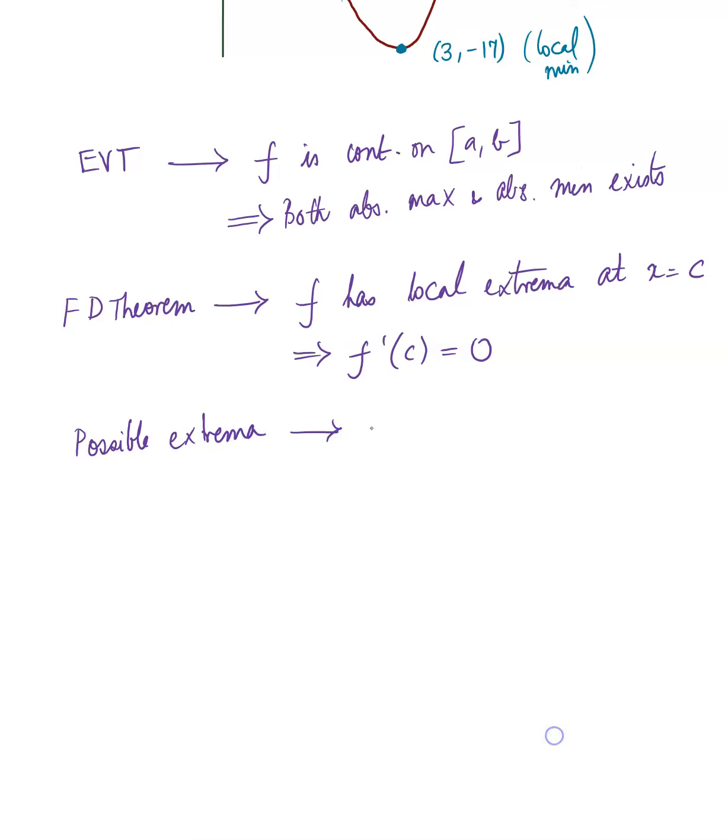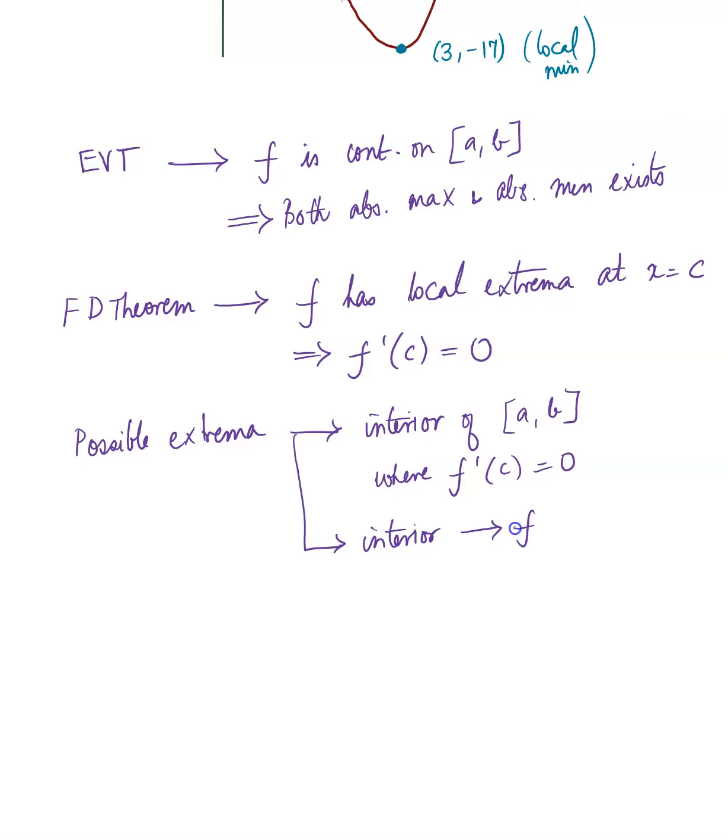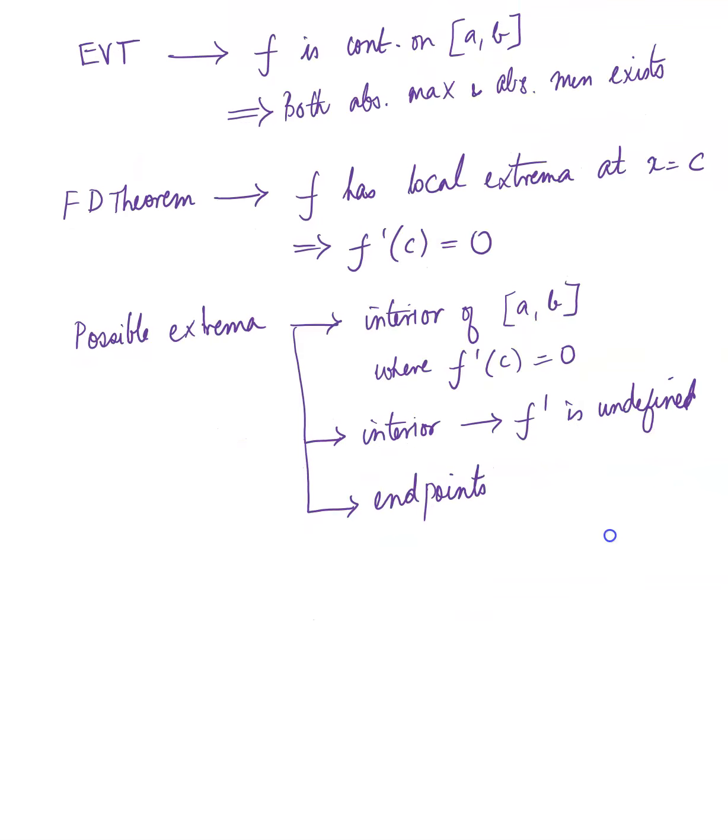We'll find them in the interior of (a, b) where f prime of c is 0. You could find it in the interior where f prime is undefined. And you can find it in the endpoints. If there are no endpoints, then the critical points are just used.